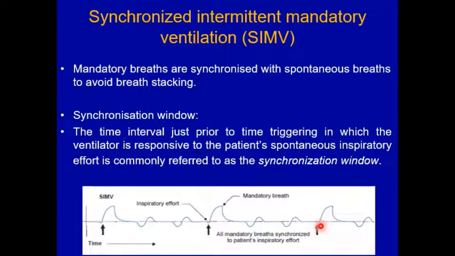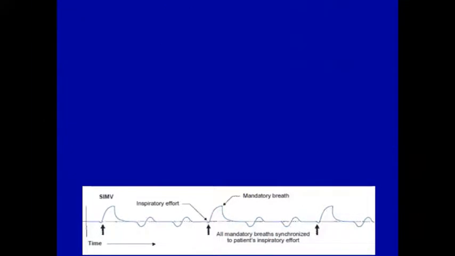If during this 0.5 seconds before the mandatory breath there is a patient's spontaneous effort, then the spontaneous and the mandatory breath will become one, and a patient-triggered mandatory breath will be delivered to the patient. So this time interval, prior to the time triggering, in which the ventilator is responsive to the patient's spontaneous inspiratory effort, is called a synchronization window. The synchronization window is around 0.5 seconds.